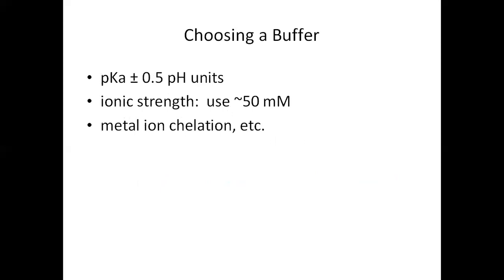A question students commonly ask is, doesn't that mean we would always be using MOPS or HEPES buffer as we did in the last problems? And the answer is not necessarily. If I want to examine protein degradation at pH 4.5, I might use acetic acid as my buffer since it has a pK value of 4.76 as we saw earlier.